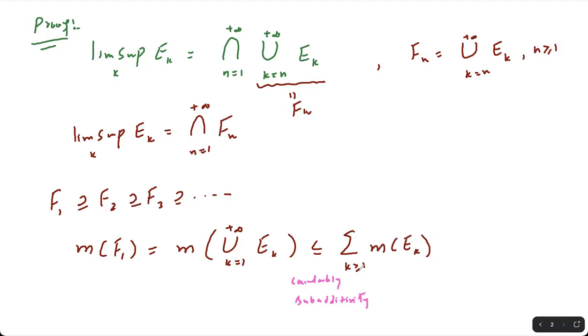And given that this series is convergent, this is less than plus infinity. So this implies the Lebesgue measure of F1 is less than plus infinity.